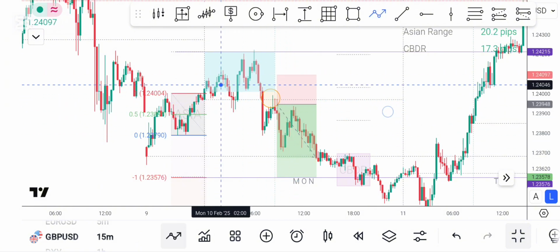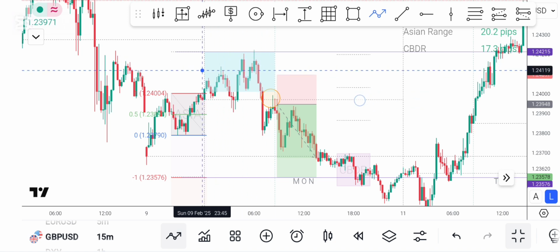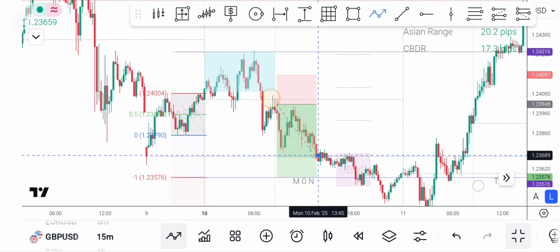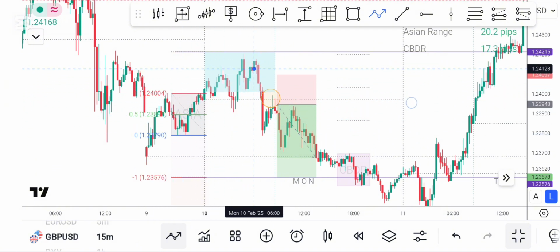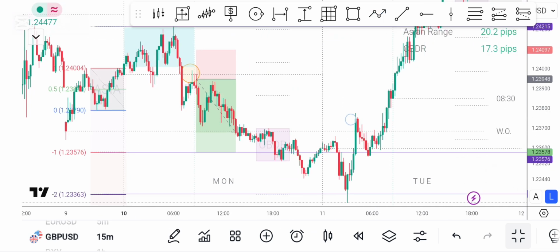So we could have waited for this manipulation to occur, and then you wait for the distribution phase where you are going to sell here. Okay, accumulation during Asia, manipulation over here, and then we have a distribution down here. Okay, all right, let's look at Tuesday trading and see what happens exactly.